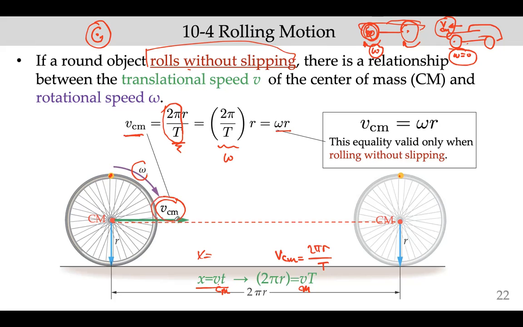So this center of mass motion, the motion of the whole thing, the translational, is related to the rotational motion of the wheel when this condition is satisfied, rolling without slipping. So this thing is not slipping. If it's not slipping, then we have this condition. We will use this condition a lot in the following slides.